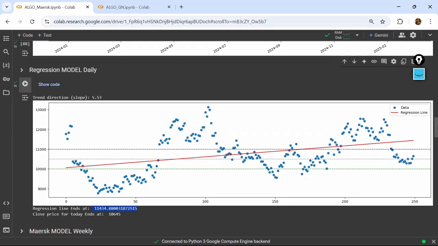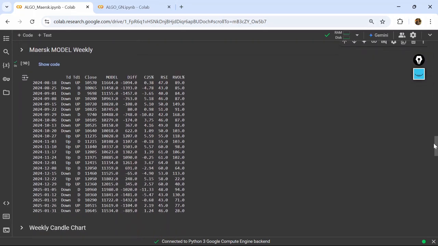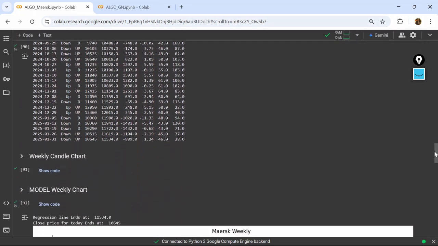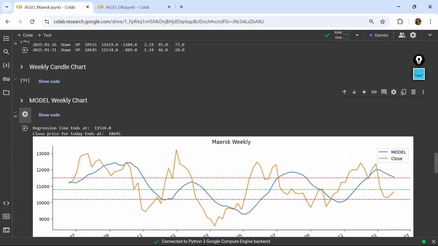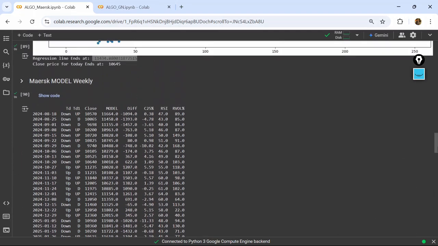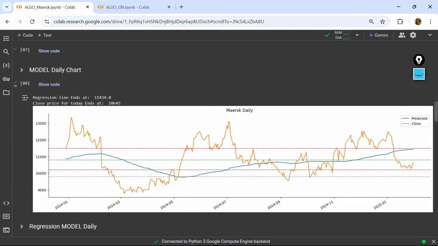The direction is positive. We have the closing price and regression line here. It's almost 11,500. And if we see the weekly chart, we also have the regression line. You can see on the weekly chart it's also 11,500 for 1 year data and the closing price. So right now we have a discount of almost 1,000 compared to 1 year data, friends.